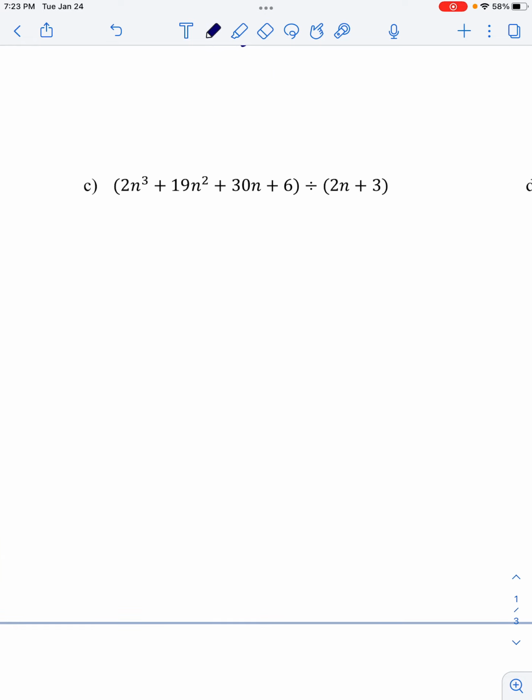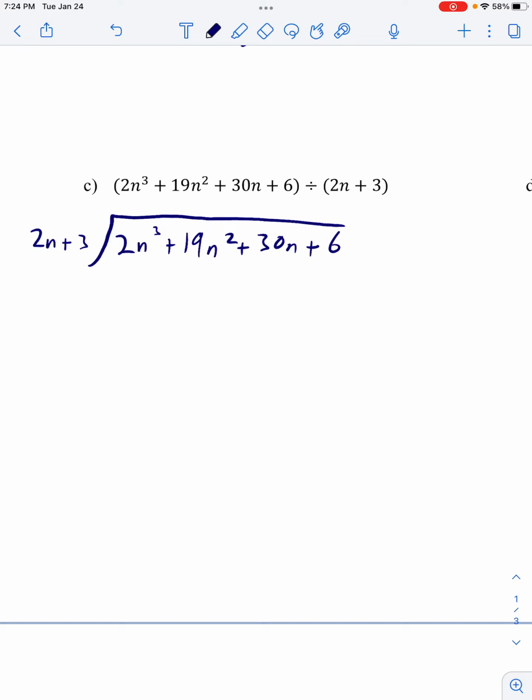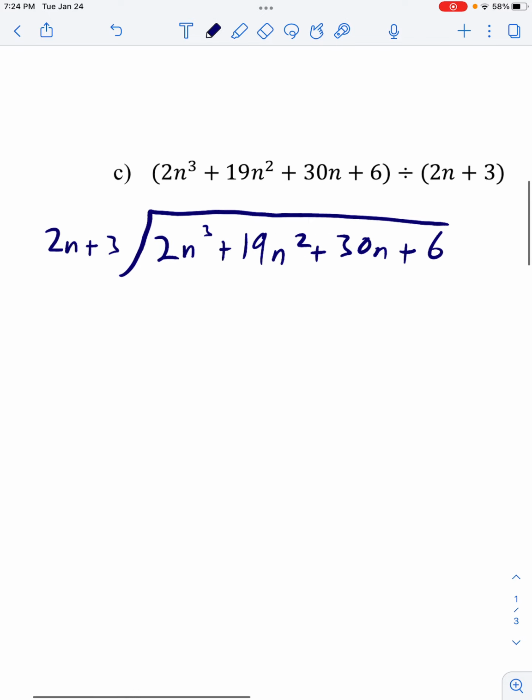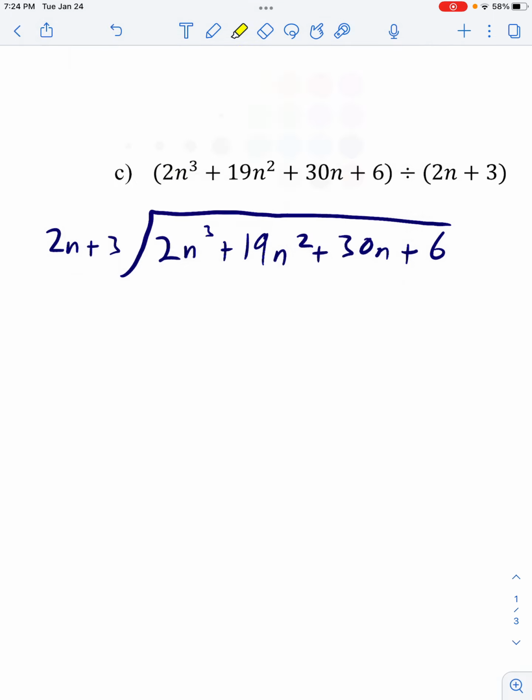So we have 2n cubed plus 19n squared plus 30n plus 6 divided by 2n plus 3. All right, so we start, right? We look at that highest degree term, that leading term in our divisor.